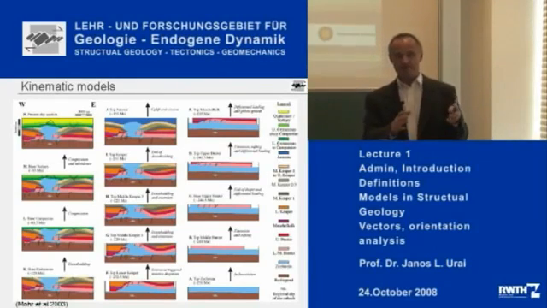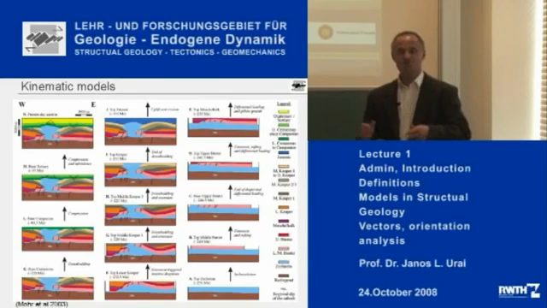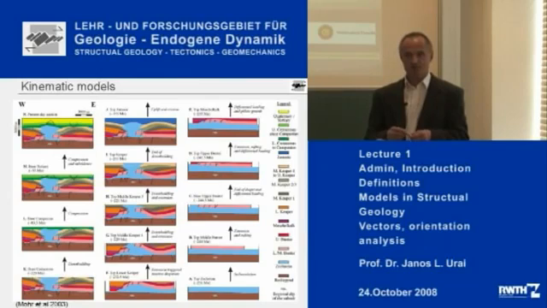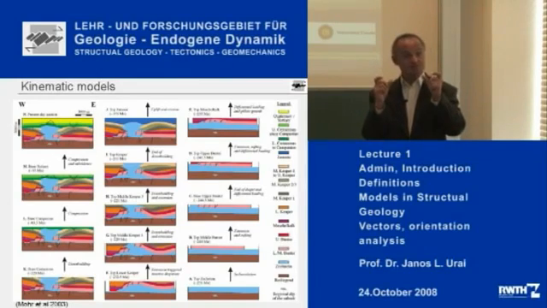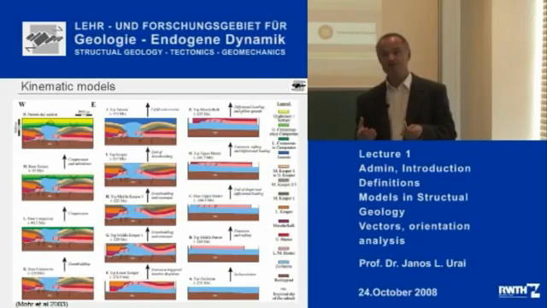So now we have seen the geometric models, we have seen the kinematic models, and the final class of models that we have in structural geology is dynamic models. Dynamic models, that's the kind of models where you have the forces and the displacements and the material properties all in one model. So dynamic models are very complete.